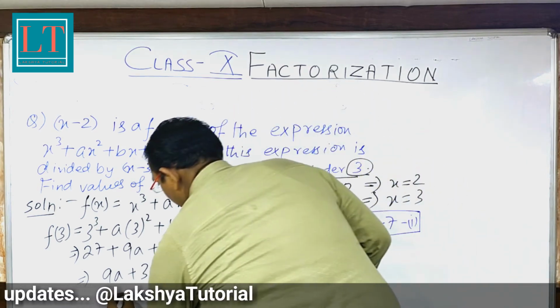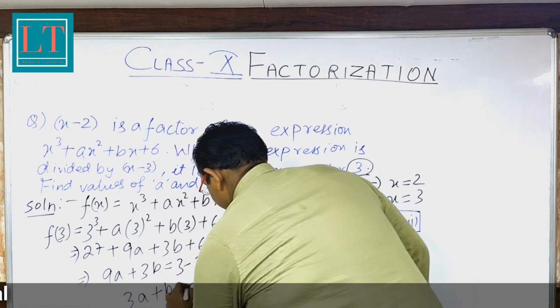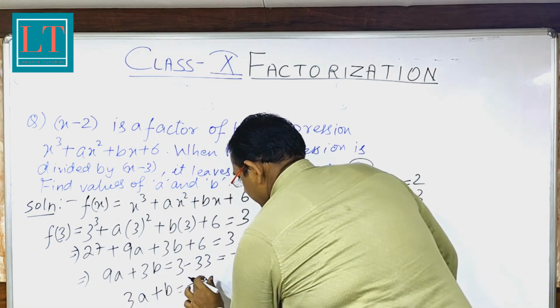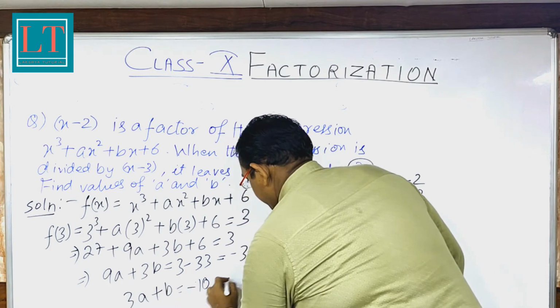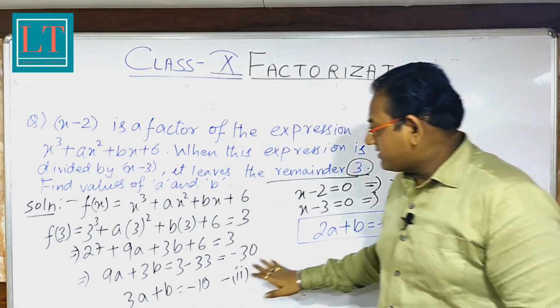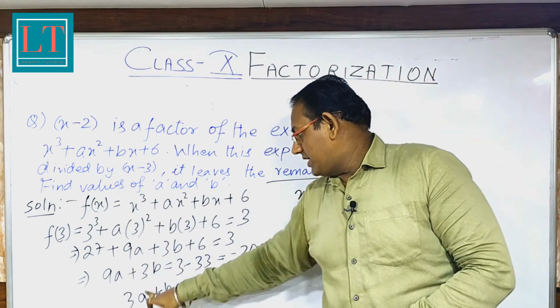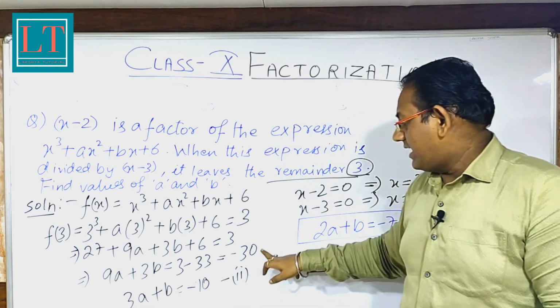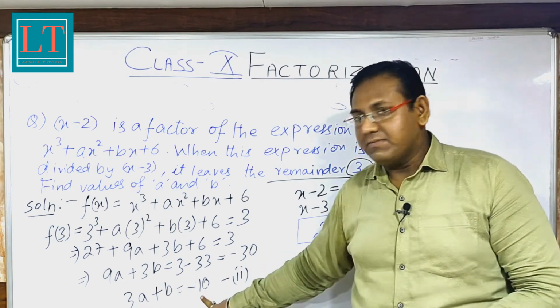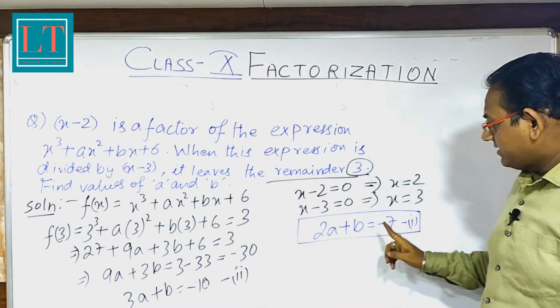The next step is to write 3a plus b equals minus 10. This we will consider to be equation number 2. What we have done is divide both sides by 3, so 9a becomes 3a, 3b becomes b, and minus 30 becomes minus 10. So this is the second expression, and this is the first one.